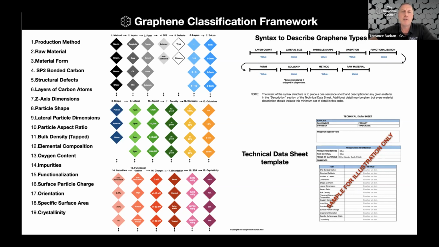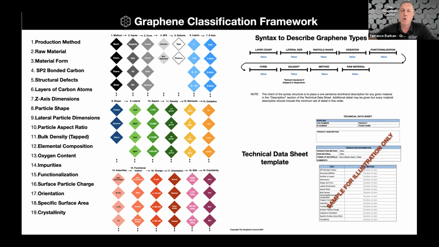And I also want to emphasize the classification framework is not intended to determine if a material is superior or inferior, if it is quote unquote good or bad or quality or not quality. It is simply to identify and categorize what type and form of graphene there is.